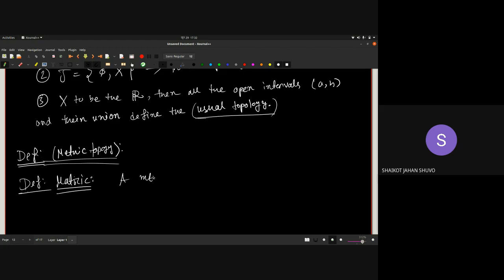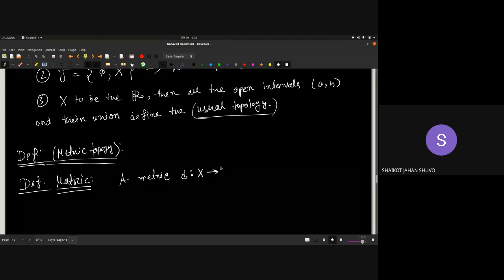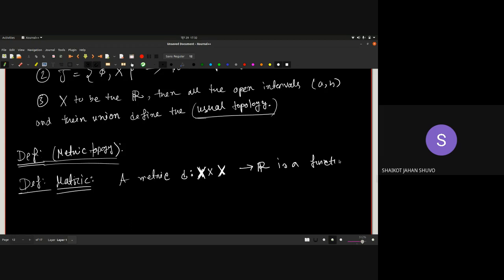A metric, okay, let's make this a little bit bigger, d is a function that satisfies the following conditions.